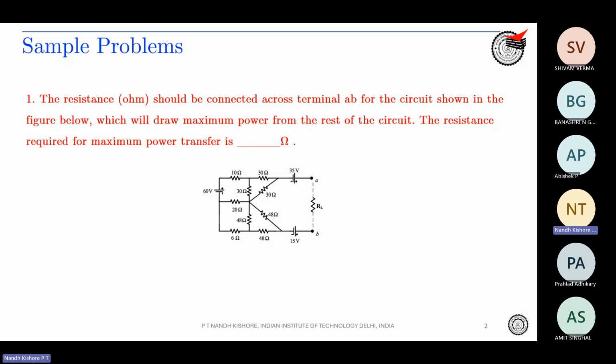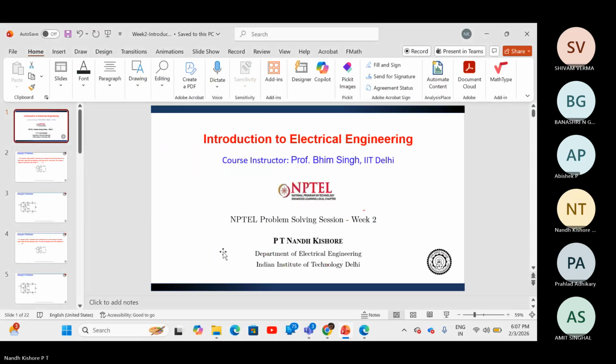You are able to see only the first slide? The first slide is my slide, sir. Is the screen visible? No, sir. The screen is visible, but only the first slide is showing. That is NPTEL Introduction to Electrical Engineering.